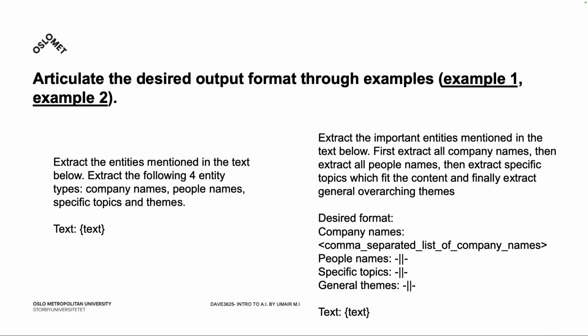You would still get some sort of output, but if you want a good output, you could say, extract the important entities: first the company names, then people names, specific topics and general themes. Then tell it the format you need. But it could also be that you ask this question first, see what kind of results it gives you, then ask the second question and iterate.